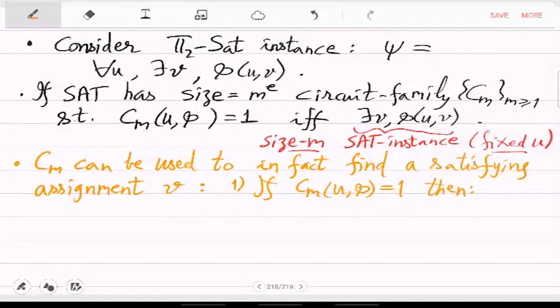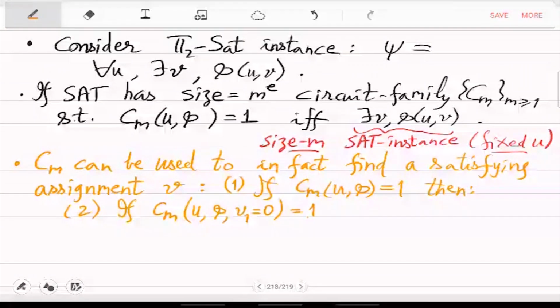Then what you can do in the second step is fix V1 to 1 or V1 to 0. So now, if C_m(u, phi, V1 = 0) is 1, then we have found V1.